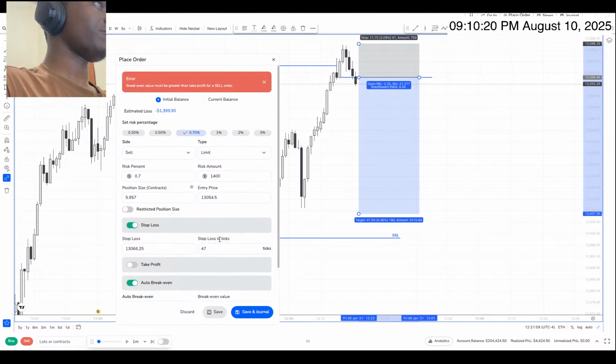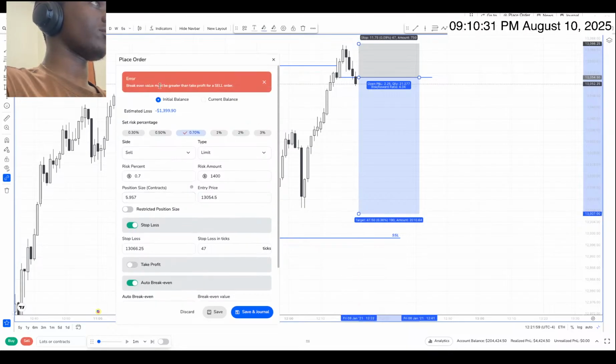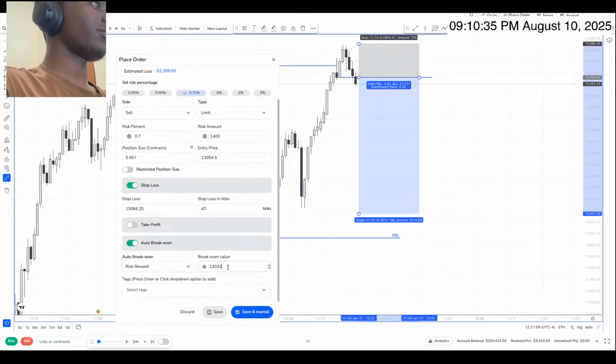Break-even value must be greater than take profit. 13,032. It's a sell. Must be greater. Well, it's greater. Break-even value is 13, oh wait, price. Sorry, 13,032.